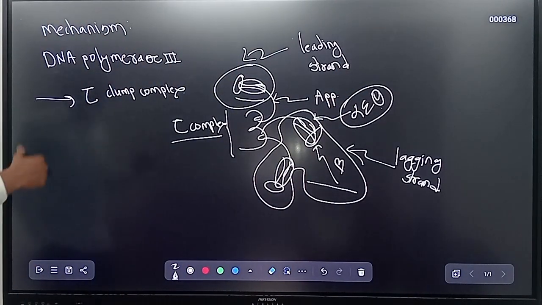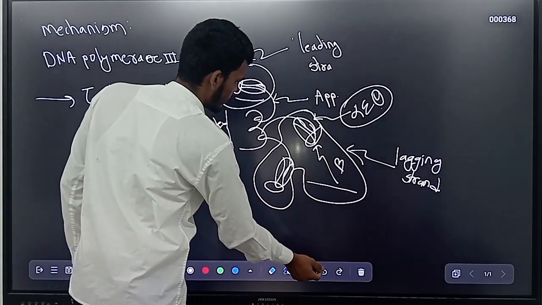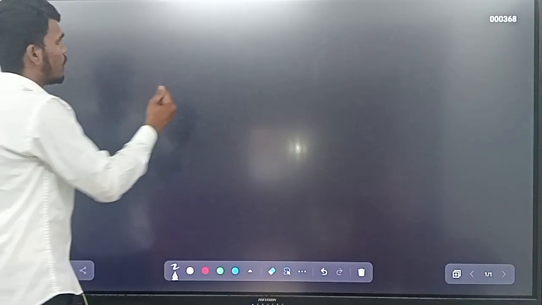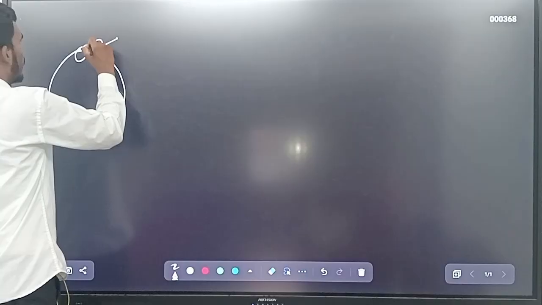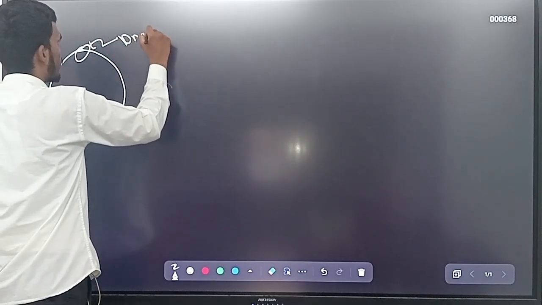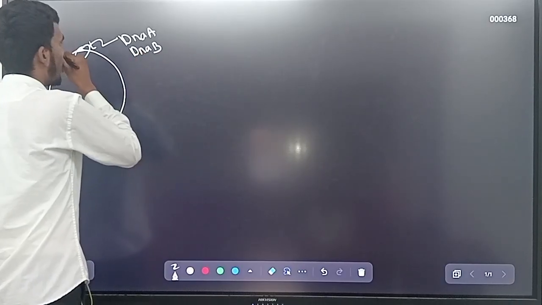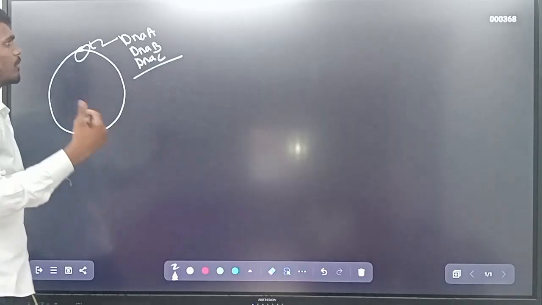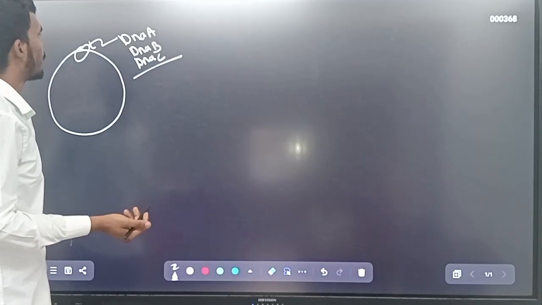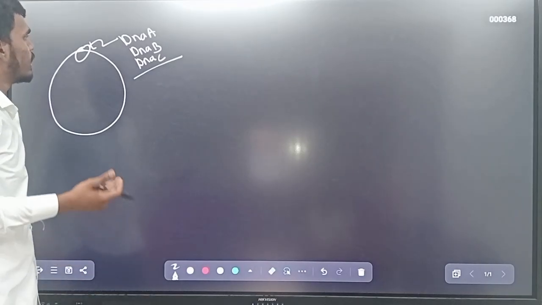So after that, how will the process of DNA replication take place? This will be DNA polymerase 3. What is DNA polymerase 3 made of? Tau complex, beta complex, alpha, epsilon and delta complex. So remember this nature. Two of these appendages and this structure will be engaged in replication for one of the polynucleotide chains of the double helical structure of the DNA.